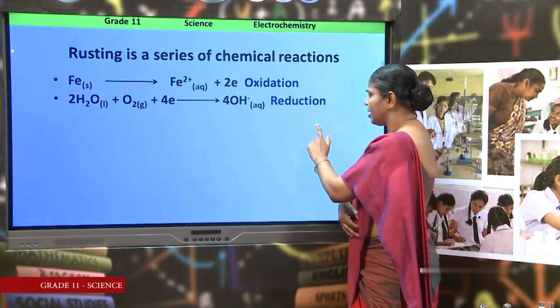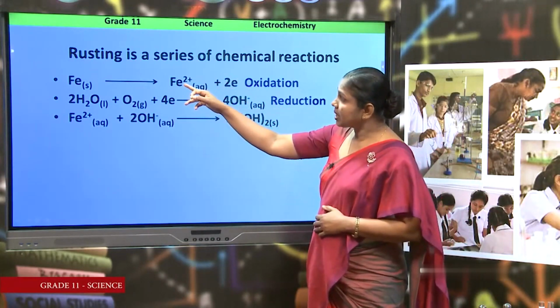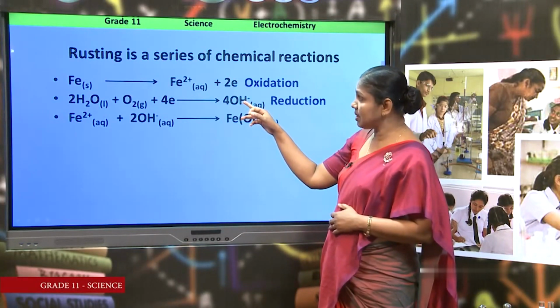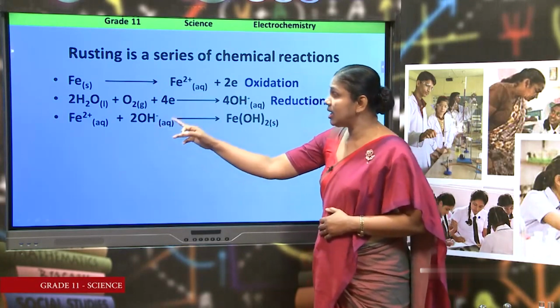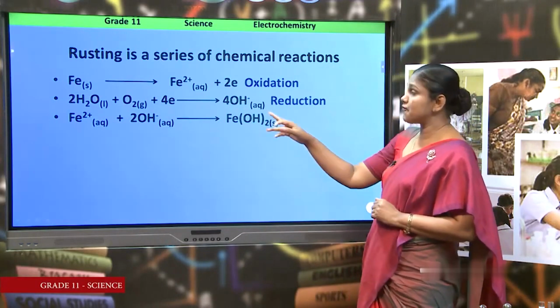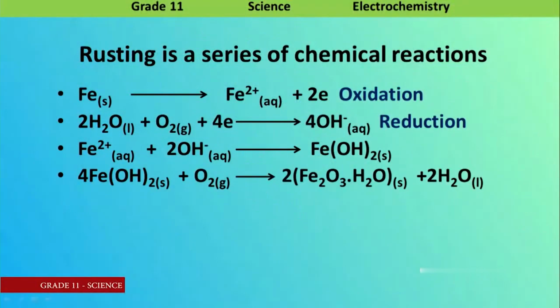Then what happens? Ferrous ions react with hydroxyl ions in the medium and form ferrous hydroxide. Finally, this ferrous hydroxide further reacts with oxygen gas available in the medium and turns into ferric oxide.